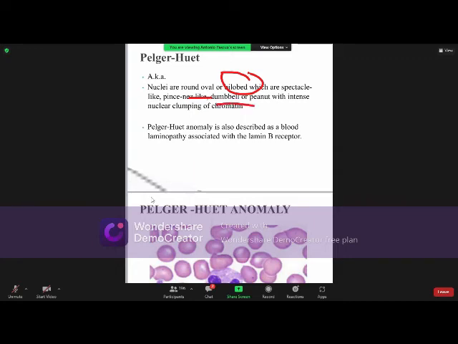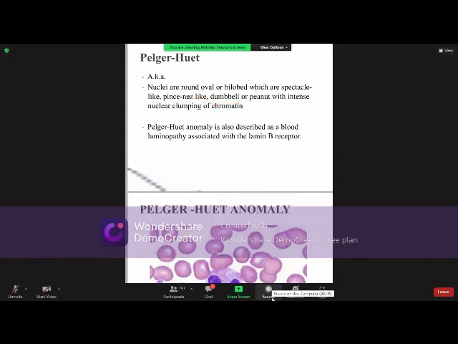It's like your nucleus here failed to divide into segments. Here's the catch. Looks could be deceiving. Your neutrophils here look abnormal, but function-wise, take note, in Pelger-Huët, your neutrophils still function well. Nakuha ba?